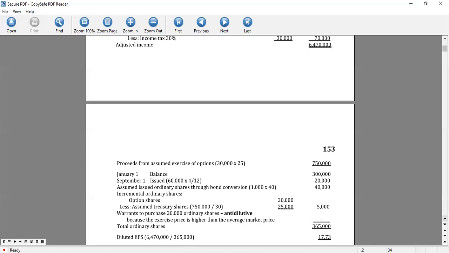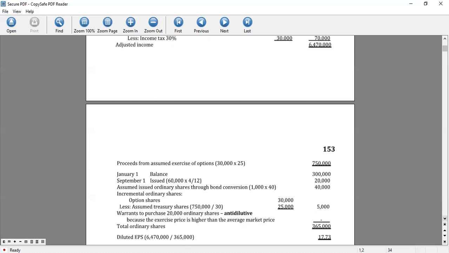So we have now the assumed treasury shares equal to 25,000. The warrants to purchase 20,000 ordinary shares which are anti-dilutive because the exercise price is higher than the average market price. So we have now the total of the ordinary shares of 365,000.